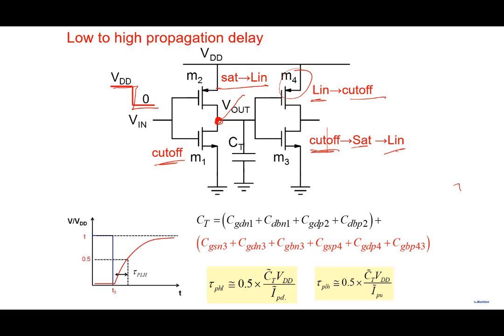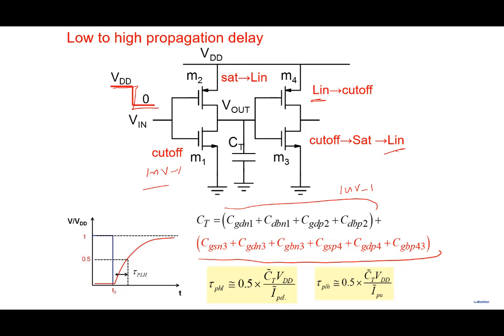Note that this is where I've shown you all the capacitors that are here. We are talking about the delay of the first inverter, inverter number 1. These in black are the intrinsic capacitances of inverter 1, and in red are all the capacitances of the load.